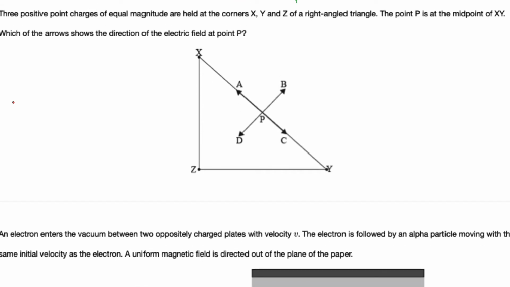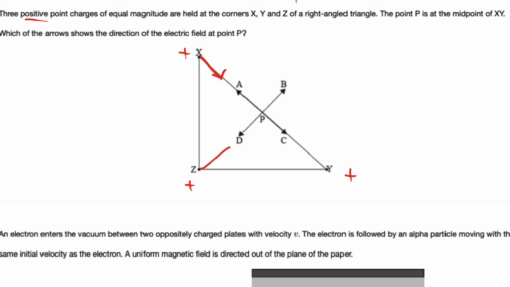Three positive charges of equal magnitude are held at corners X, Y, and Z of a right angle triangle. The point P is at the midpoint of XY. Which of the arrows shows the direction of the electric field at point P? So they're all positive charges, so all of them are going to radiate outward.